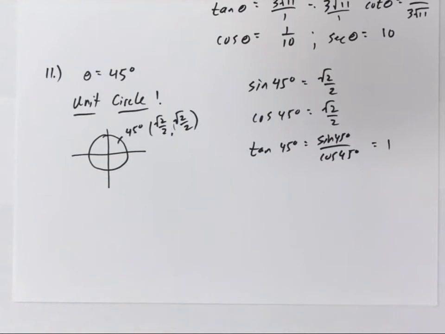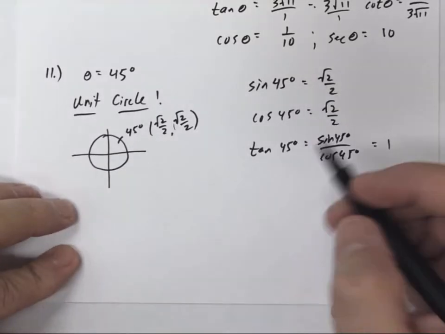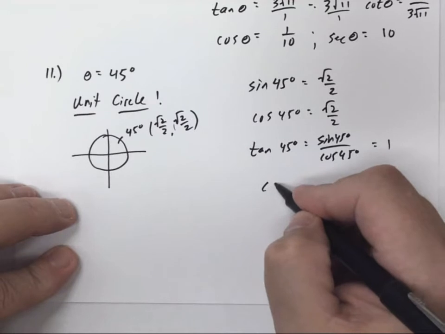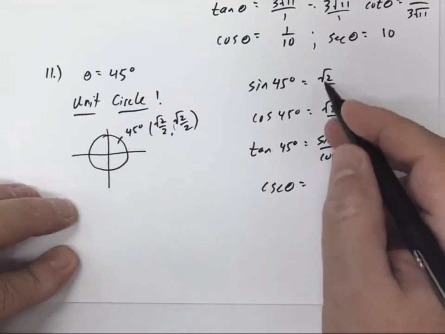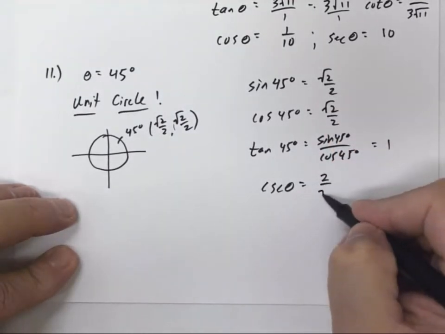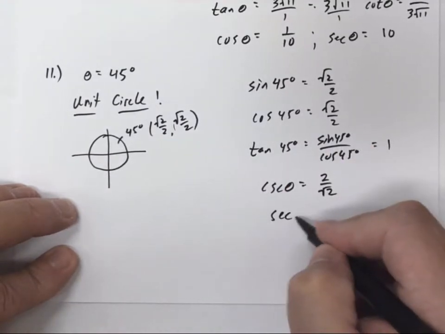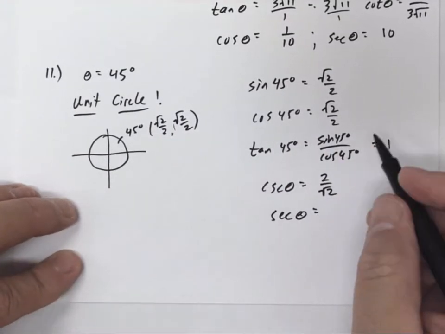And now that we know those, we can find the other 3 trig functions from just taking the reciprocals. In other words, sine gets matched up with cosecant. Reciprocal of this is 2 over square root of 2. Cosine gets paired up with the secant.